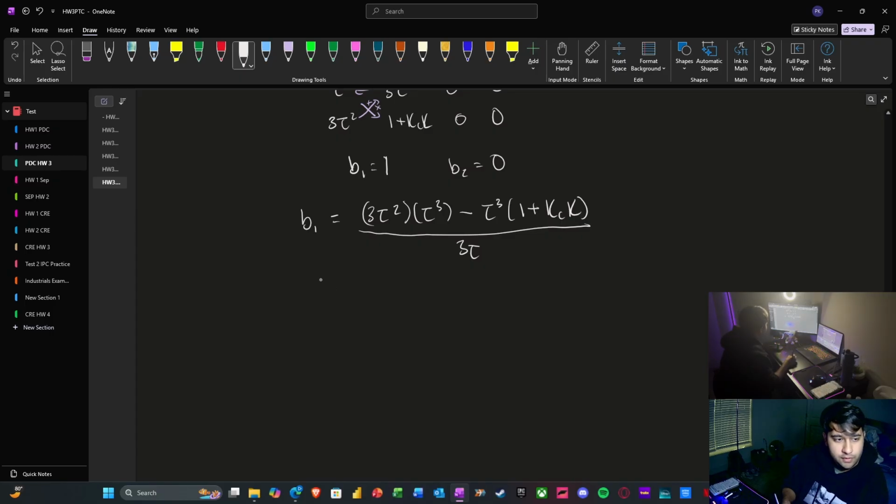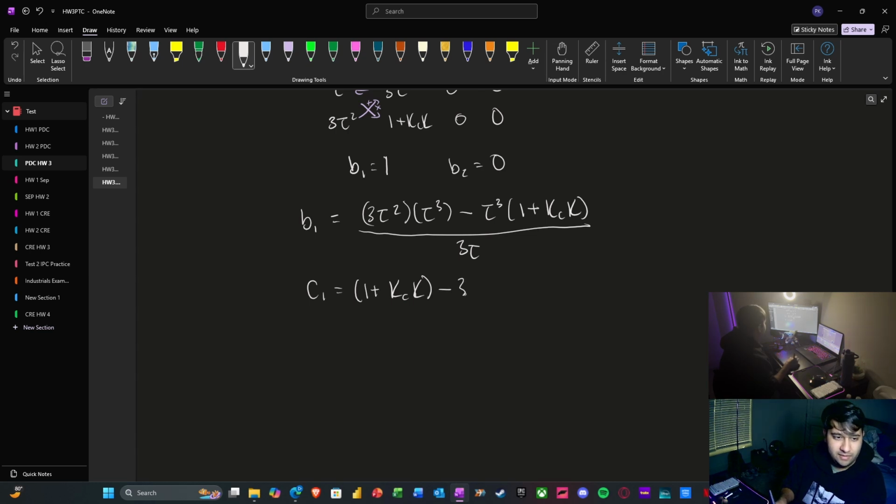So now we're also going to recall C1. Basically this one is just 1 plus KcK, and this is the pattern that we've been seeing pretty much everywhere.